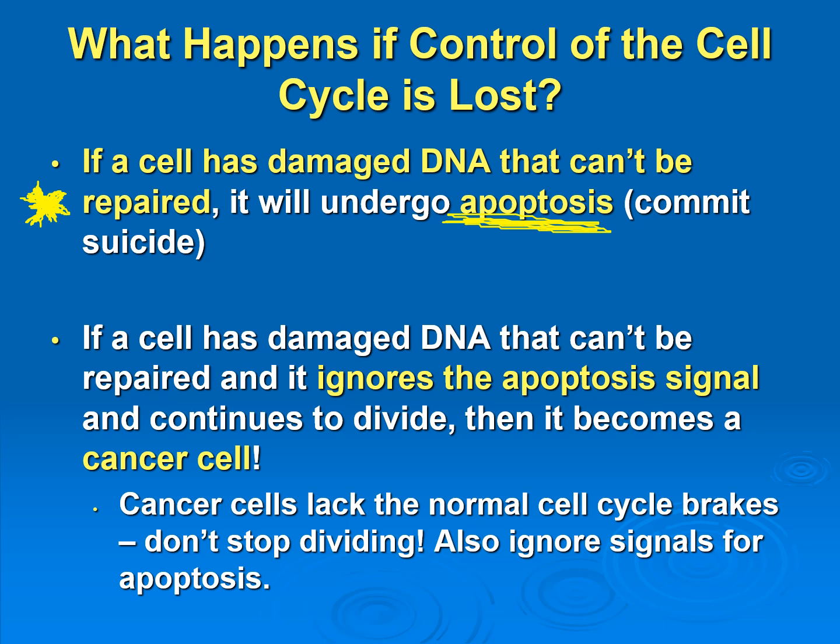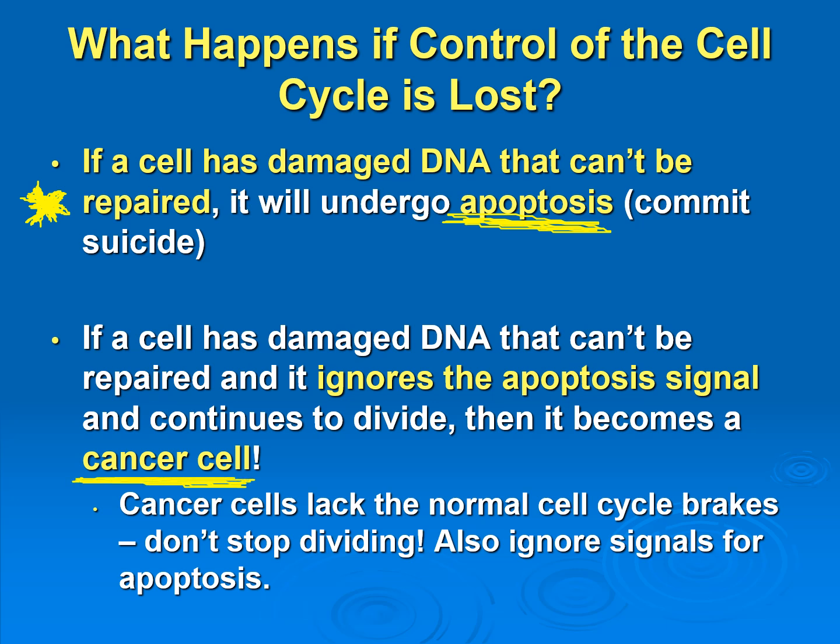But if we have a cell that has damaged DNA that can't be repaired and it ignores that apoptosis signal and doesn't kill itself and just continues to divide, then it becomes a cancer cell, and that's not good.